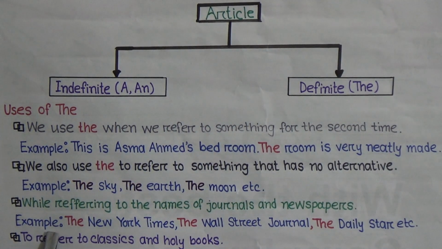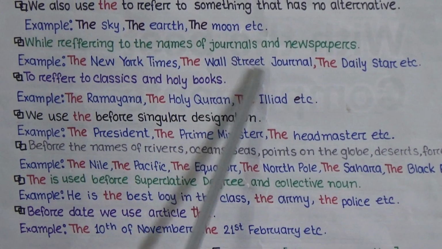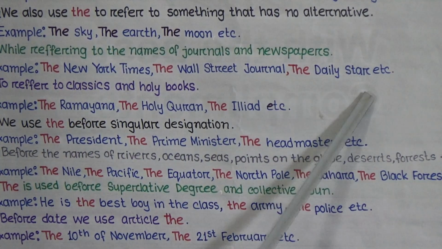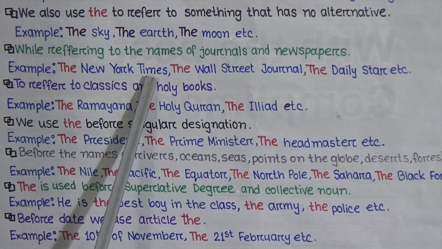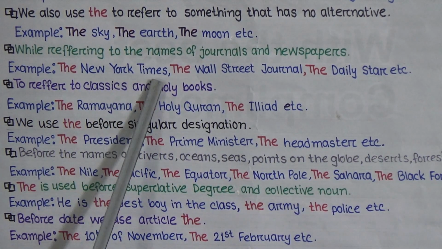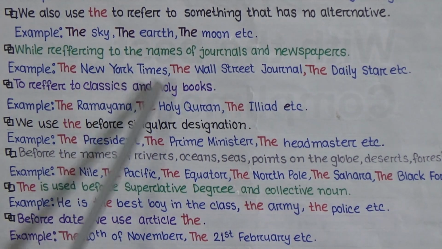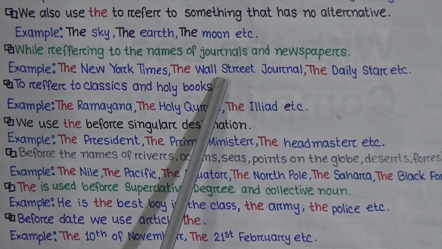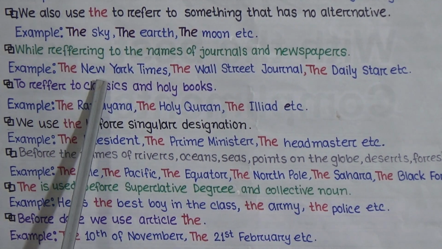For example, we can say the New York Times, the Wall Street Journal, the Daily Star, etc. Students, look carefully here. The New York Times, Wall Street Journal, Daily Star are in capital letters. So every famous thing or the names of journals or newspapers will be in capital letters. And if you find such things, you can use the.